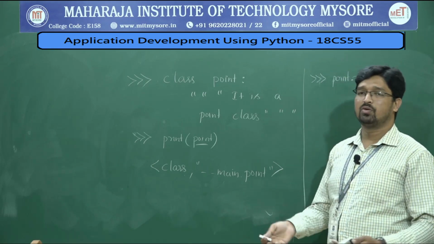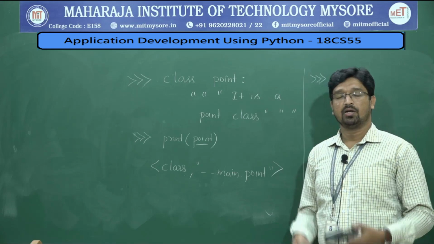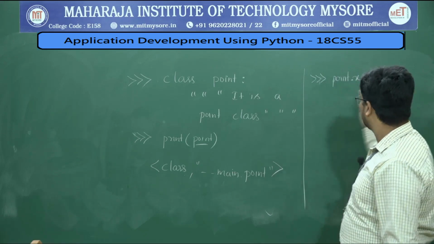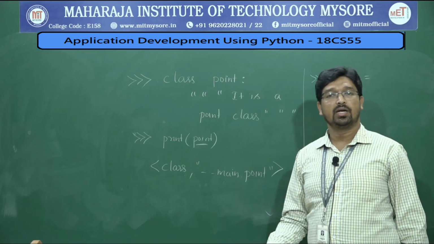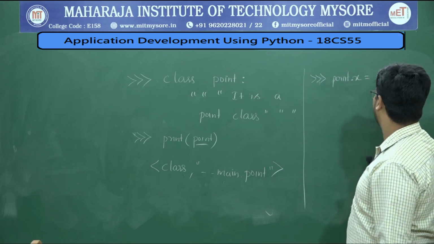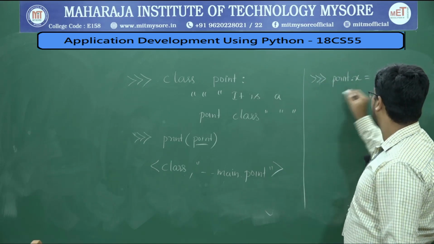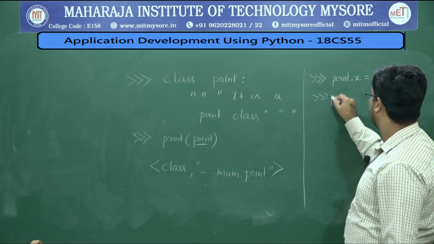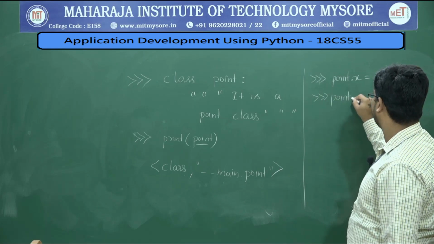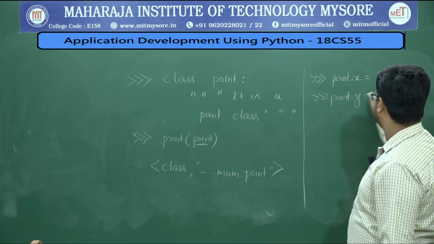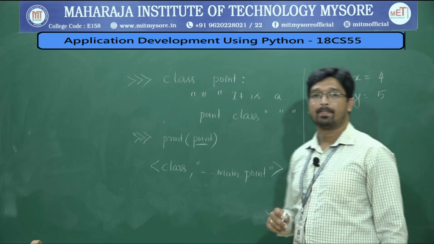We know in Python there is no declaration part. We don't declare with a data type. Whatever data you store, that is the data type of that particular variable. Point dot x, let us say I will consider 4. Then Point dot y is 5.